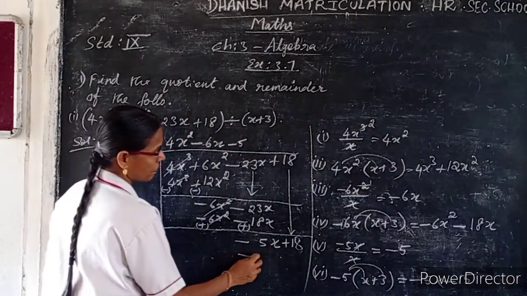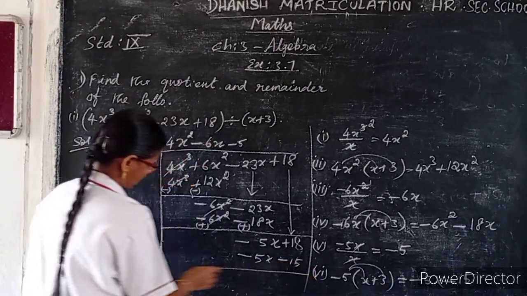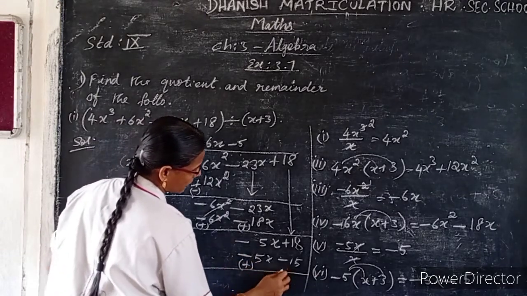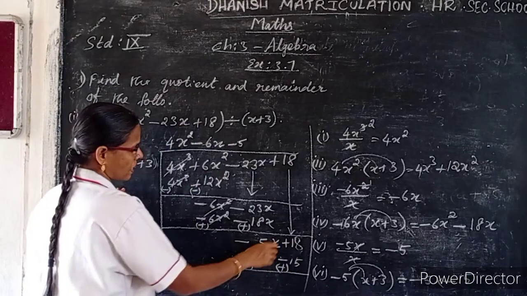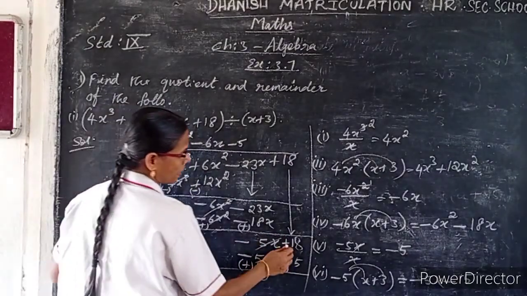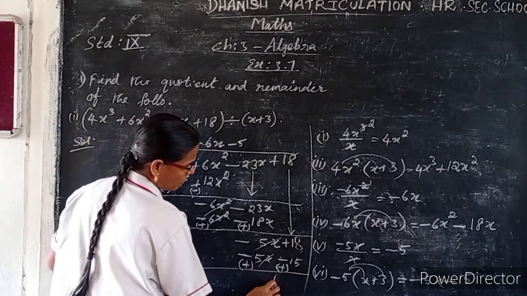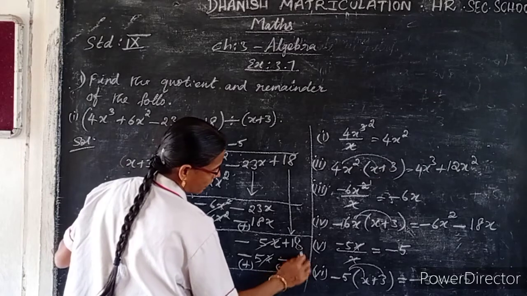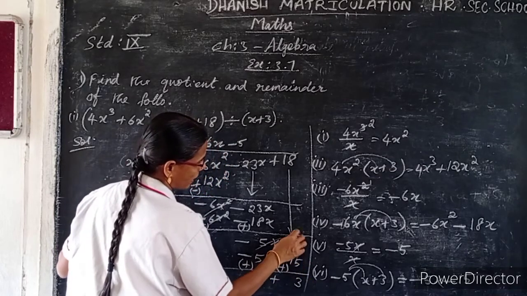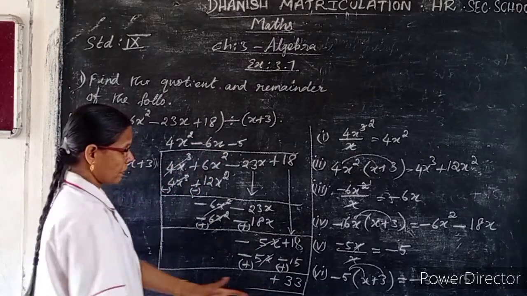So minus 5x minus 15. Next step, change the sign. So minus means plus, here minus means here also plus. Now minus 5x plus 5x gets cancelled. Here plus 18 plus 15, both are the same sign, so adding the same sign. 8 plus 5, 13. Here one carry over, 33. So this is our remainder.